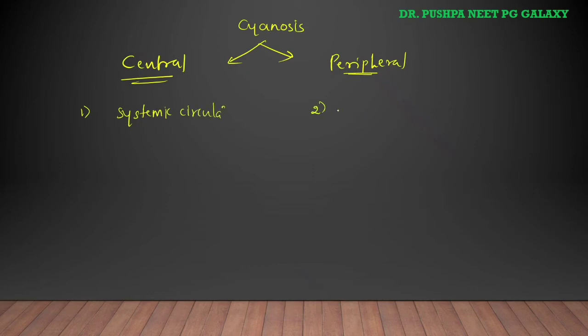Peripheral cyanosis is due to sluggish peripheral circulation, that is, reduced peripheral circulation. Central cyanosis is hypoxic hypoxia, whereas peripheral cyanosis is stagnant hypoxia.